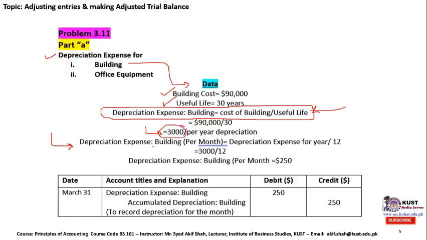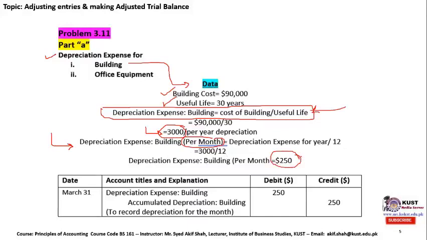The formula is that depreciation expense on building per month is equal to the previously obtained annual depreciation expense for the year, and then whole divided by 12, as we know that there are 12 months in a year. So 3,000 divided by 12 will give us $250 monthly depreciation.